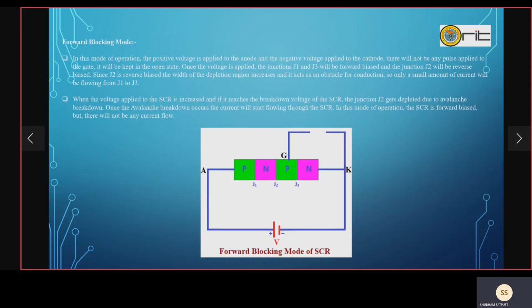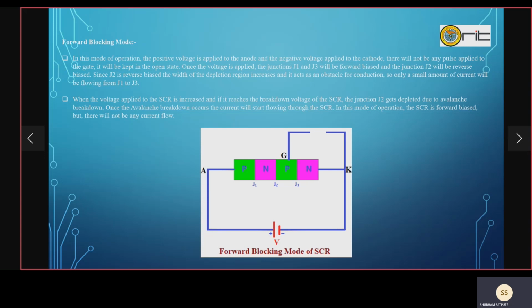The forward blocking mode. SCR has three modes, and the first one is the forward blocking mode. In this mode of operation, a positive voltage is applied to the anode and a negative voltage is applied to the cathode. There will not be any pulse applied to the gate. It will be kept in the open state.